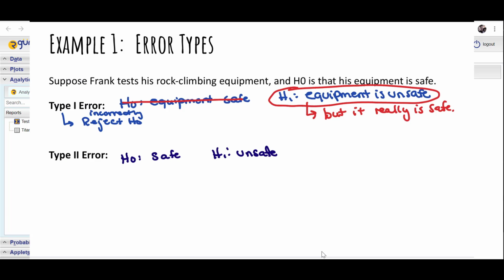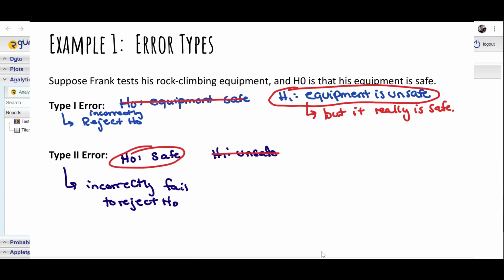So if we do a type 2 error, that's when we incorrectly fail to reject the null. So if we fail to reject the null, that means we don't have enough evidence for the alternate statement, and most likely we're saying that the null is true. Now, we can't say that in our conclusion, but that's kind of the assumption that you make.